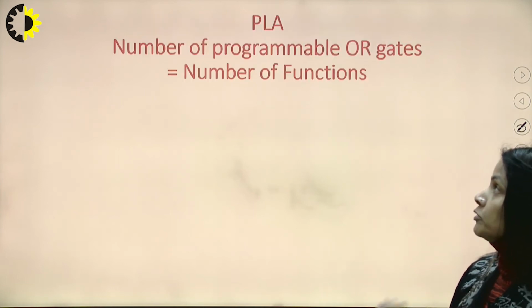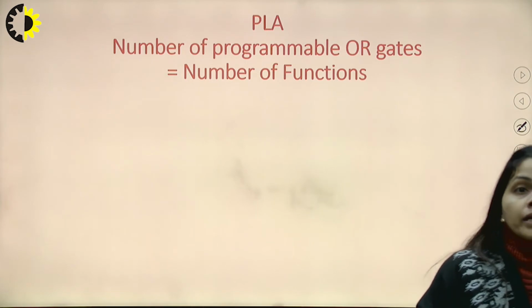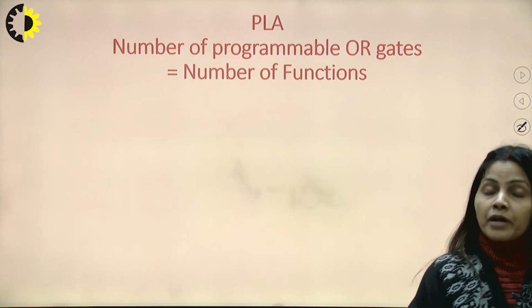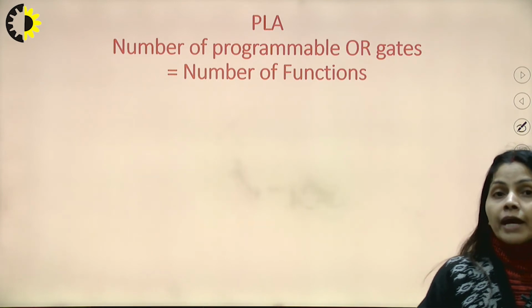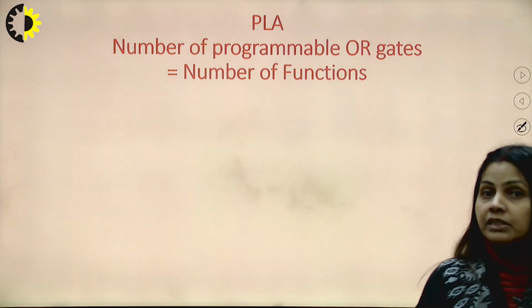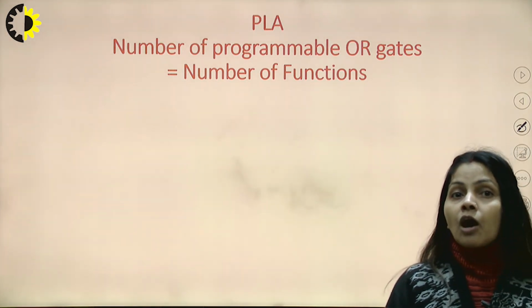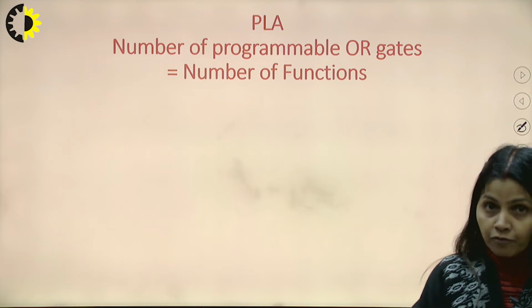Now going to the next step. Let us find out the number of programmable OR gates. For finding the number of programmable OR gates, we will just calculate the number of outputs, the number of functions.